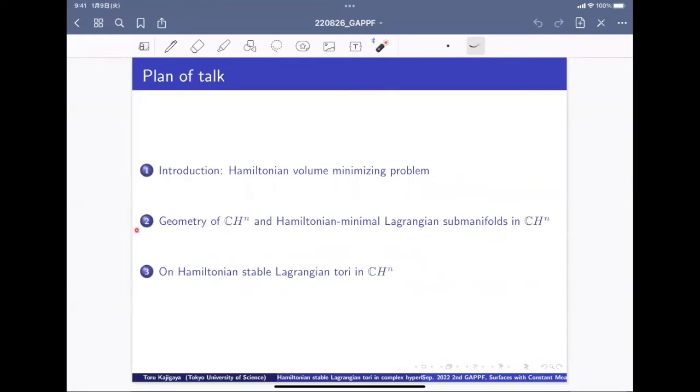In the second section, I will explain related geometry of CH^n. And also, I provide many examples of Hamiltonian minimal Lagrangian submanifolds in CH^n. In the third section, we focus on the Lagrangian torus in CH^n and investigate the Hamiltonian stability and Hamiltonian volume minimizing property of the Lagrangian torus.